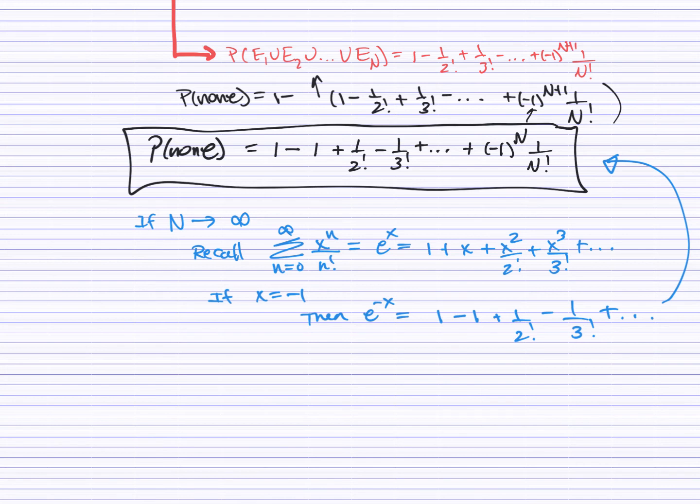So, if n is going towards infinity, the probability that none of the men get their hats is approximately e to the -1. Sorry, I don't know why I have negative x there. Let's fix that. What I mean to say is if x is equal to -1, then we have e to the -1 equals this.